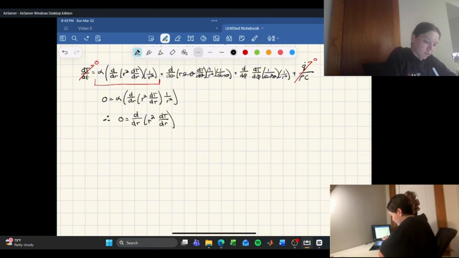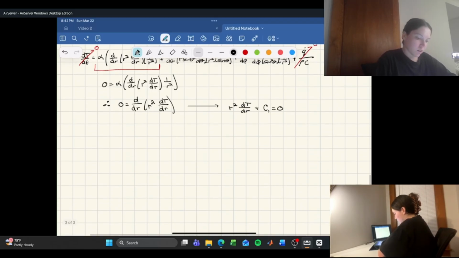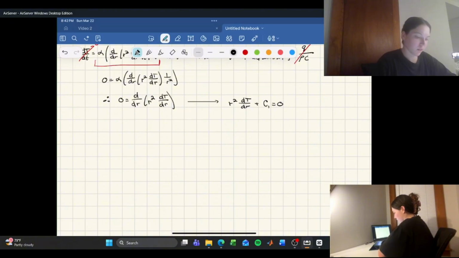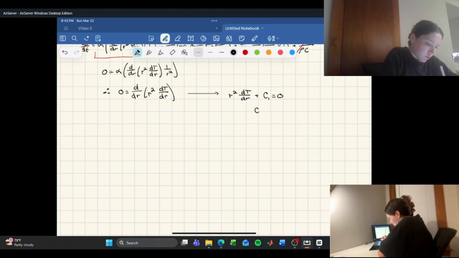So now we can integrate this. The first time we integrate, we're going to end up with r squared dT over dr plus some constant is going to be equal to 0. And then that leaves us with C1 is equal to r squared dT over dr.